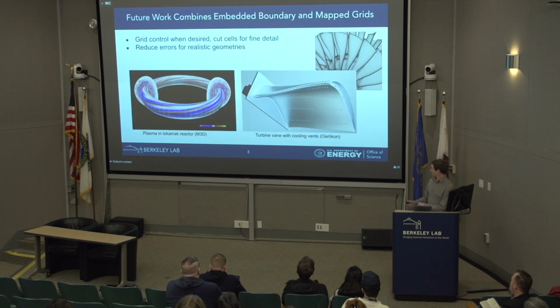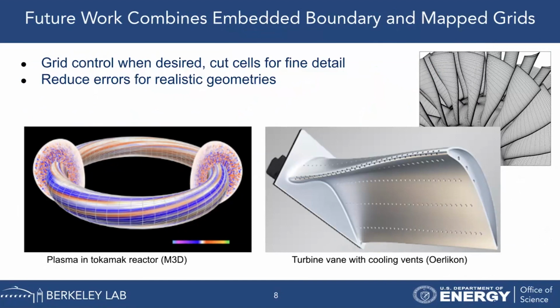But as someone who works a lot more on the model development side than the application side, an area of interest for me is combining these embedded boundary methods with map grid approaches. There are applications like modeling turbine vanes where the geometries are generally very smooth, and creating a grid around this makes a big difference in how accurate a solution you can produce.